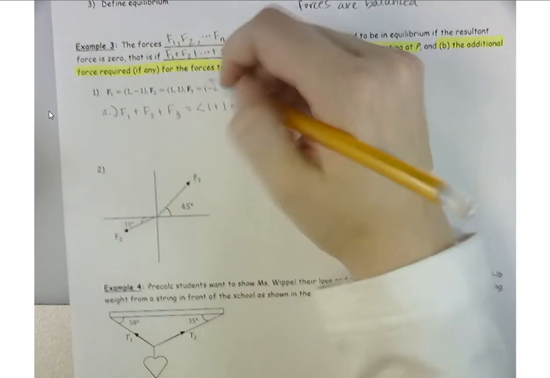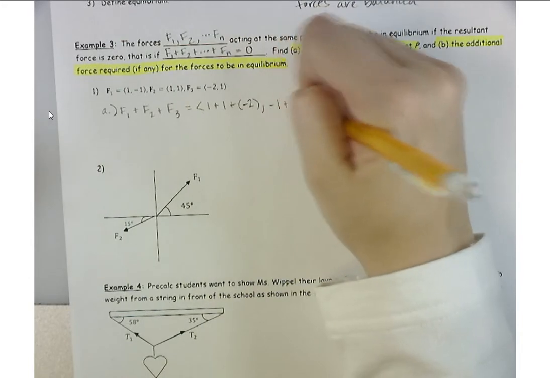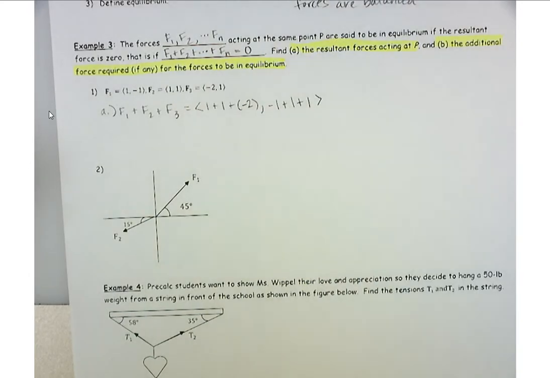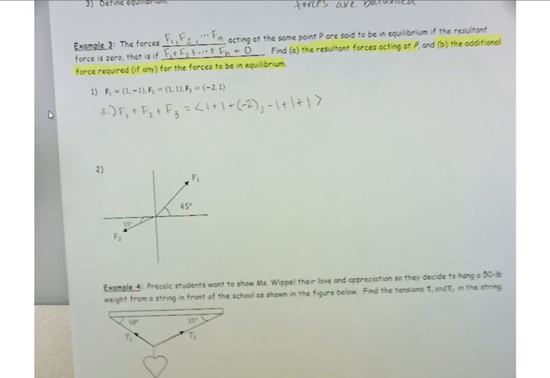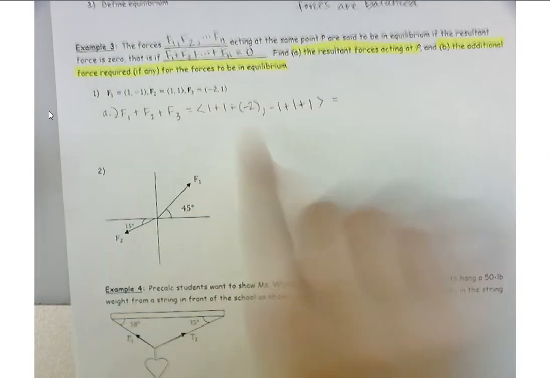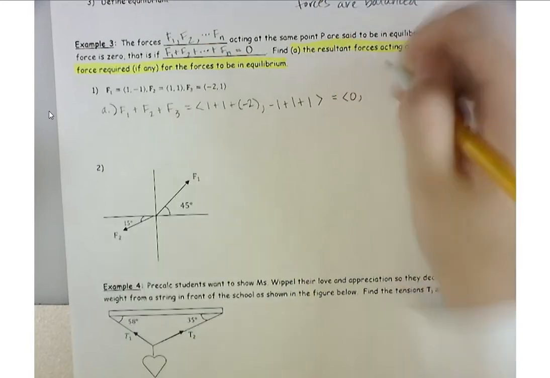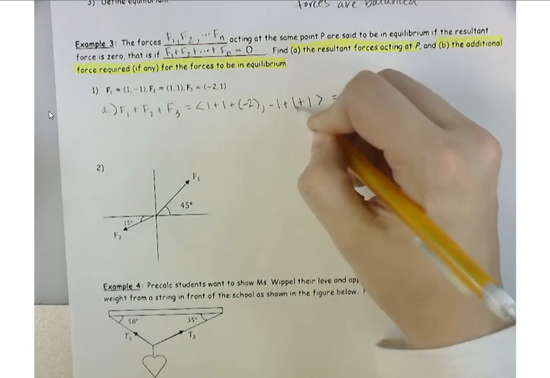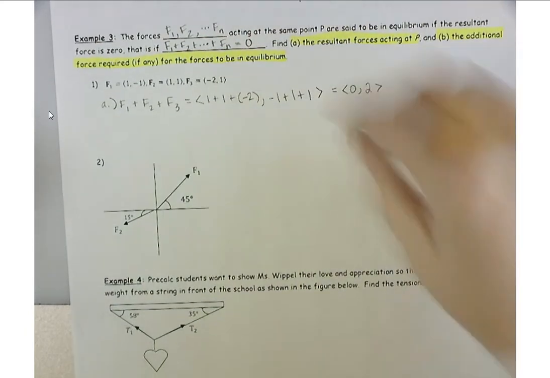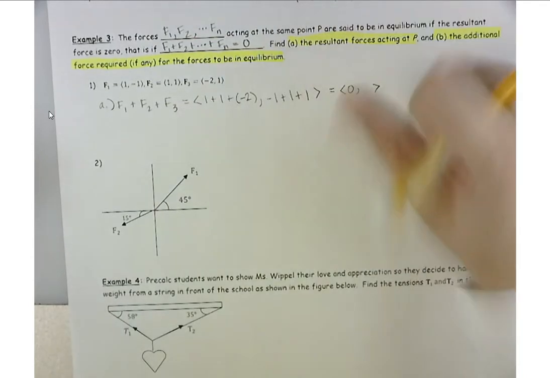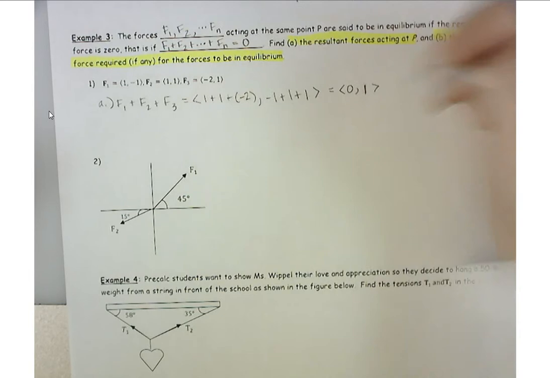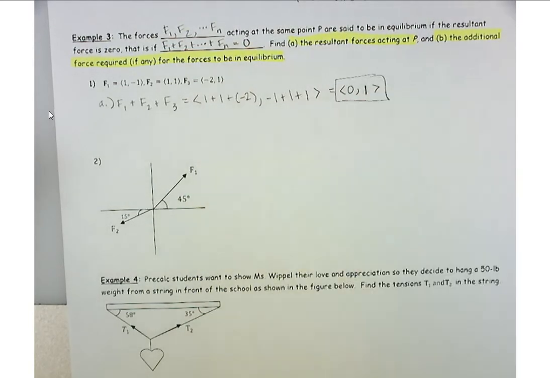And then for the vertical, I have negative 1 plus 1 plus 1. Okay, so I'm just going to add those up and then simplify. So 1 plus 1 is 2. 2 minus 2 is going to be 0. Negative 1 plus 1 is 0. 0 plus 1 is 1. So you're going to have 0, 1.